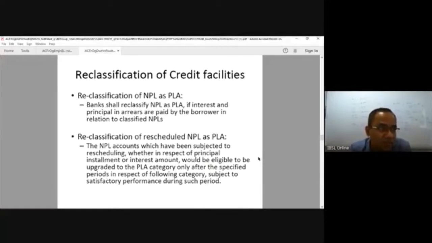For the tourism industry and hotels, the moratorium was extended up to September this year. Until this September, they don't have to pay the capital. This was given specially for the COVID impact, so that during that period, these classification criteria will not take place. Only after that.